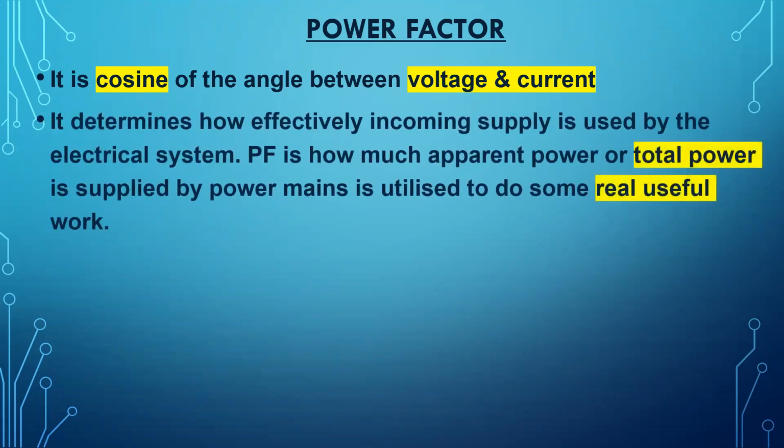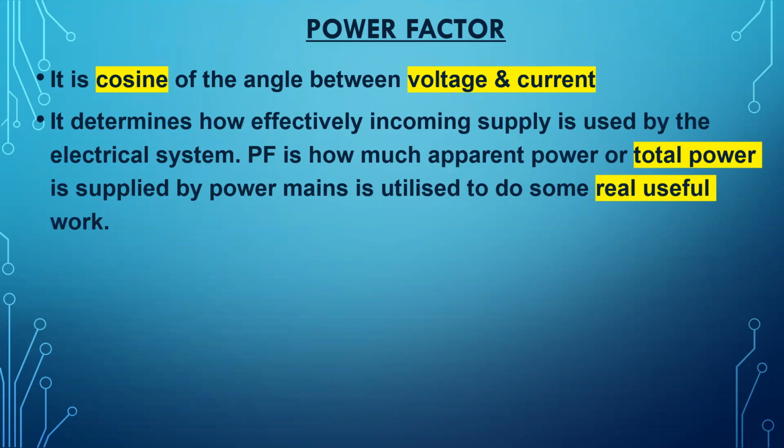It determines how effectively the incoming supply is used by the electrical system. Power factor is how much of the apparent power, or total power supplied by the power mains, is utilized to do real useful work, without getting wasted.